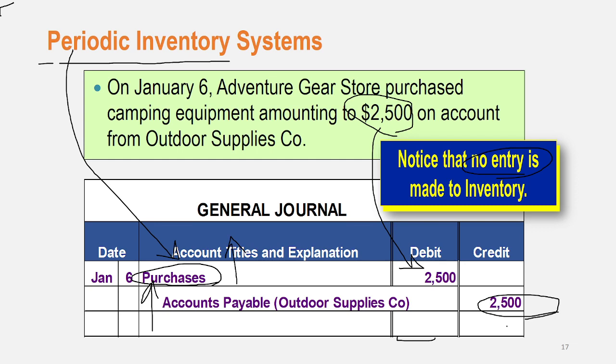As you can see, in the periodic inventory system, there is no entry made in inventory. Instead, we use purchases. If we act under the perpetual inventory system, we use inventory instead of purchases. But in this scenario, when we use the periodic inventory system, we use the purchases account.